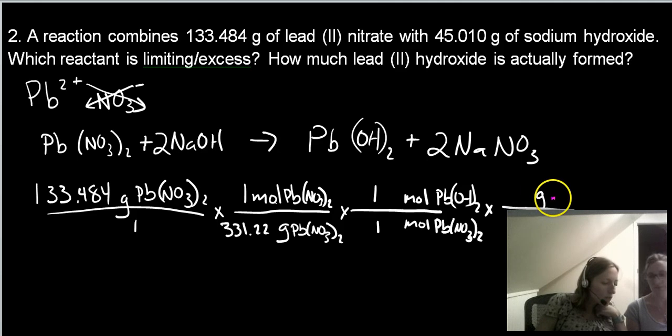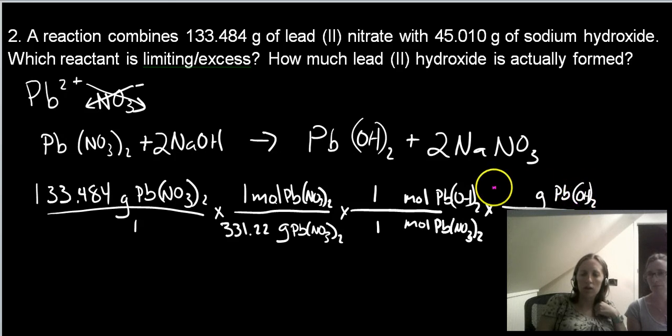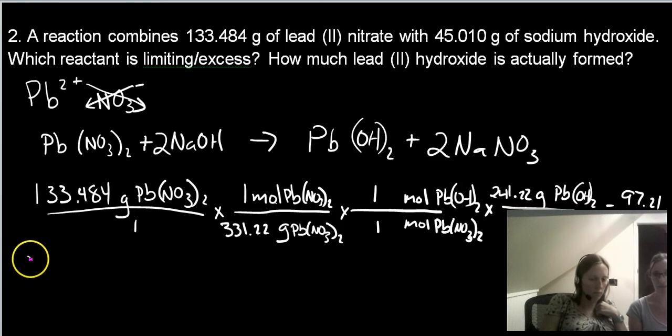And that is 241.22. That gives me 97.21 grams of lead hydroxide. Look at that. You're half done. Blurg. Yay.